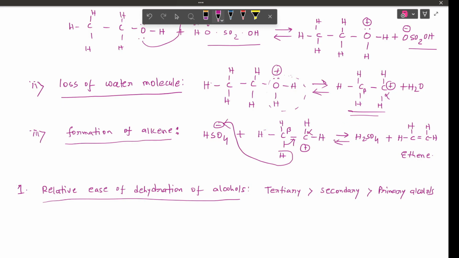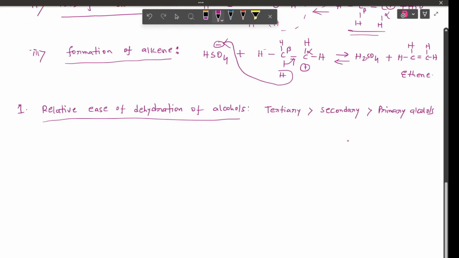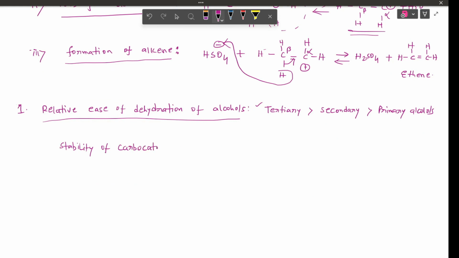Now, the stability of carbocation is in the order tertiary is greater than secondary is greater than primary.